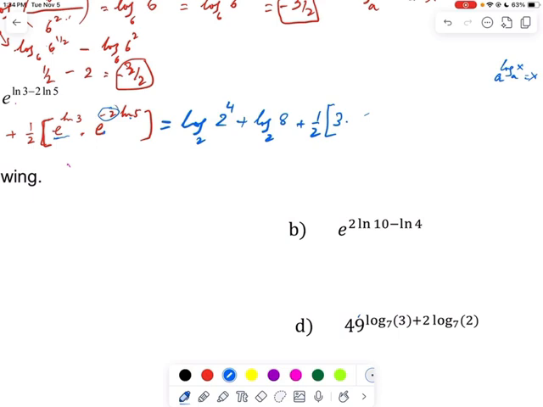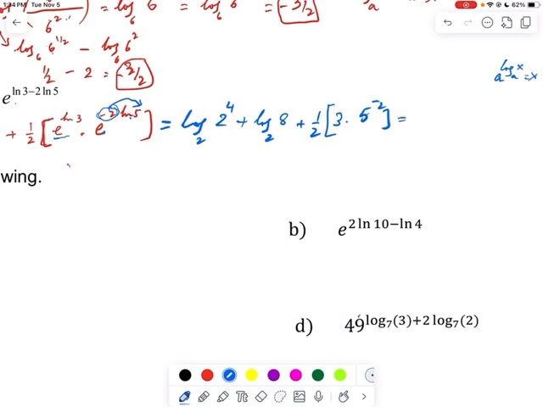But we don't want anything in front of the log, so we have to get rid of this -2 in front. But how, where can we move it? We can move it as a power to the argument of the log term, so that this gives me 5 to the -2, which is 1/25.